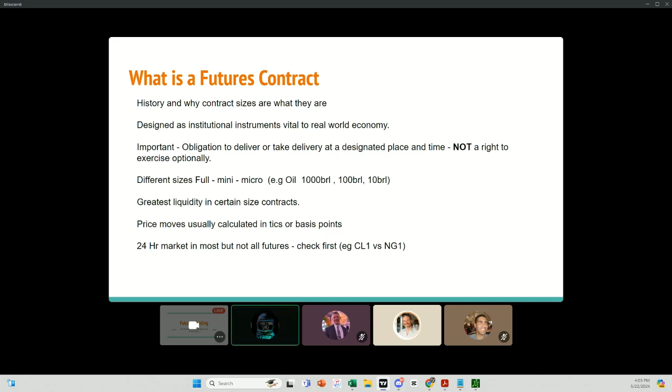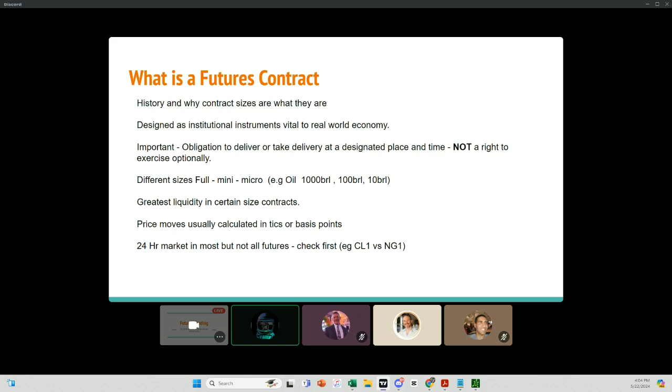They are designed as institutional instruments. They're vital to the real world economy. So all the things you'll find in futures contracts are really basic economic tools that people use. For instance, oil, that type of stuff. If you need oil, you're an airline or something, or a refinery or whatever, then you buy that via futures contracts to lock in prices or to hedge prices and so on.